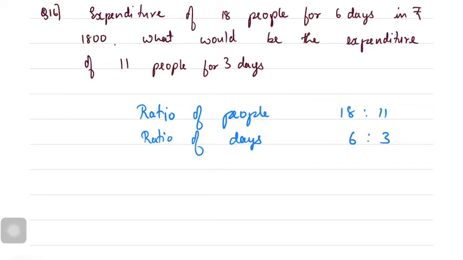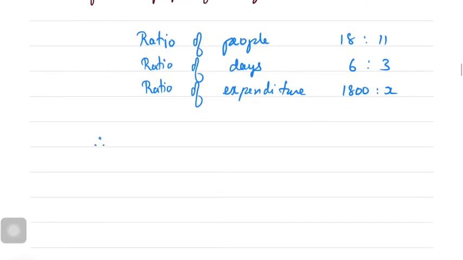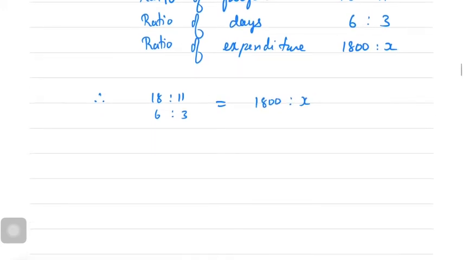So 6 is to 3. And ratio of expenditure. So ratio of expenditure will be 1800 is to x. Okay. So therefore 18 is to 11 and 6 is to 3 is equal to 1800 is to x.